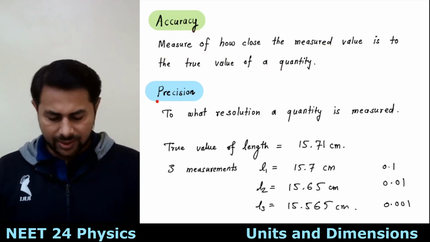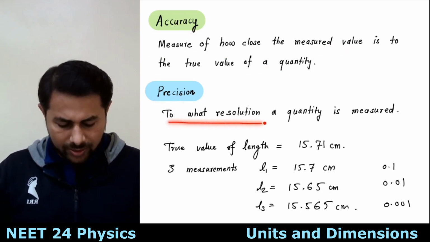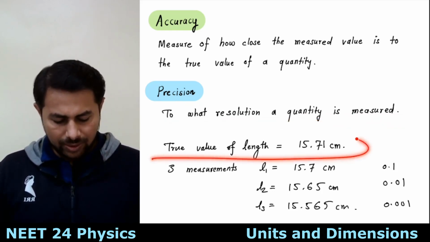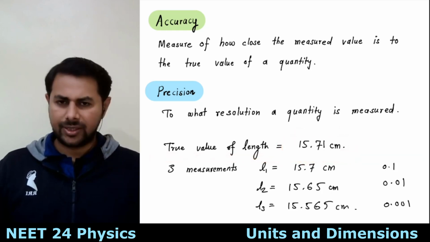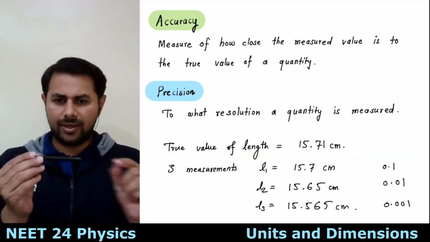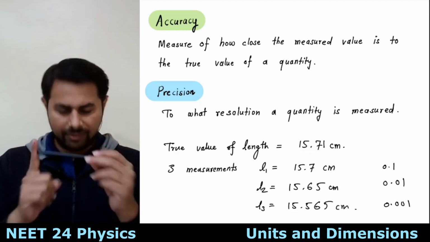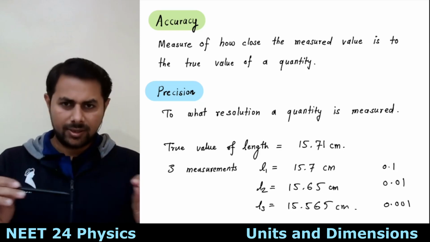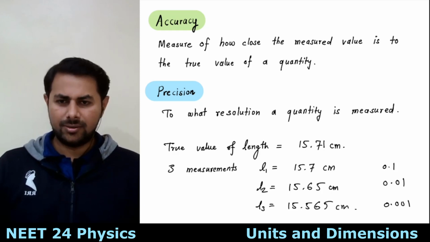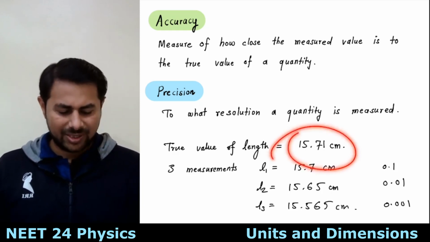And what is a precision? Precision is to what resolution the quantity is measured. For an example, suppose the true value of length is 15.71 centimeters, it's given to you. Suppose you measure the length of this pen and it is written on the specifications in the box of this pen that it's 15.71 centimeters.